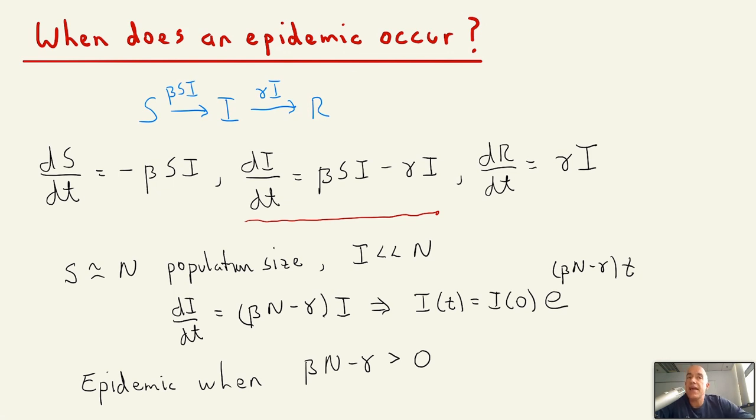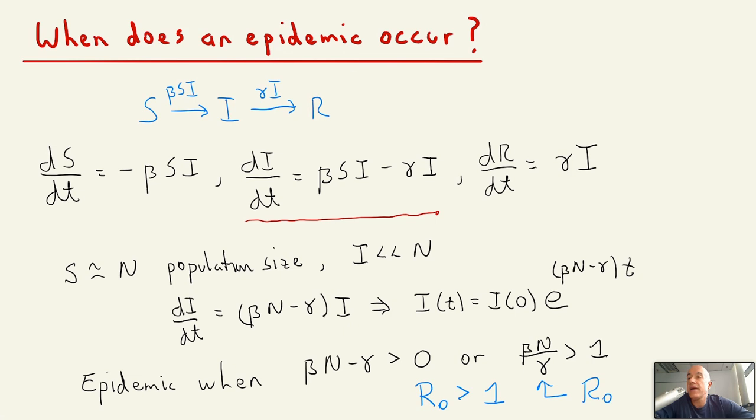You can add gamma to both sides of this equation and then divide through by gamma. And then you get the equation beta N over gamma greater than 1. Okay, beta N over gamma greater than 1. And that is usually written as this basic reproductive ratio R naught greater than 1. So this is our definition of R naught.